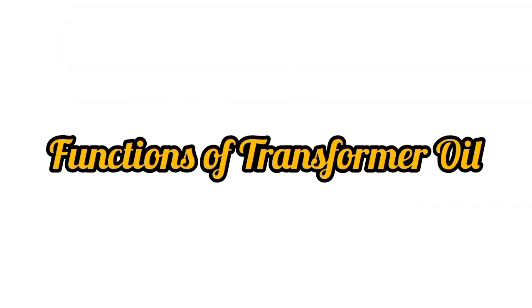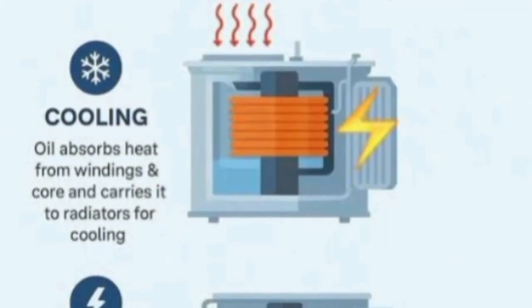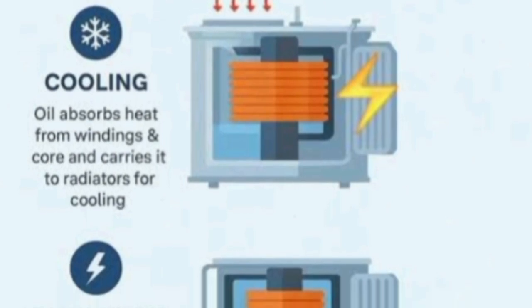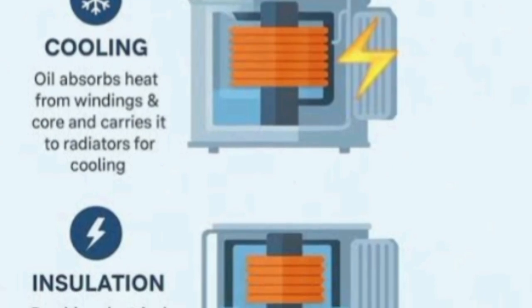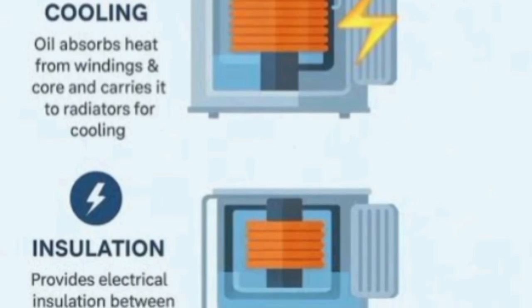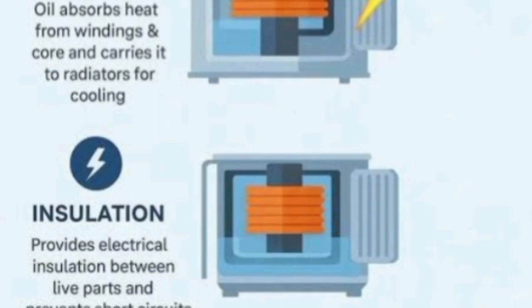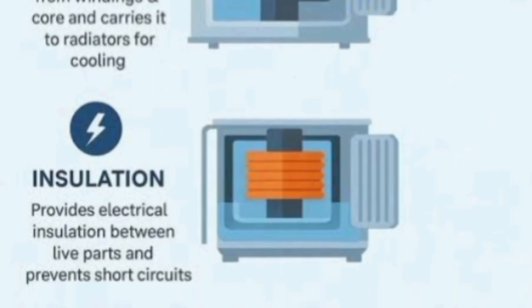Functions of transformer oil. The insulating oil in an oil-filled transformer serves two important functions. First, it provides excellent electrical insulation between the windings and other energized parts. Second, it acts as a cooling medium that removes heat from the transformer's internal components.